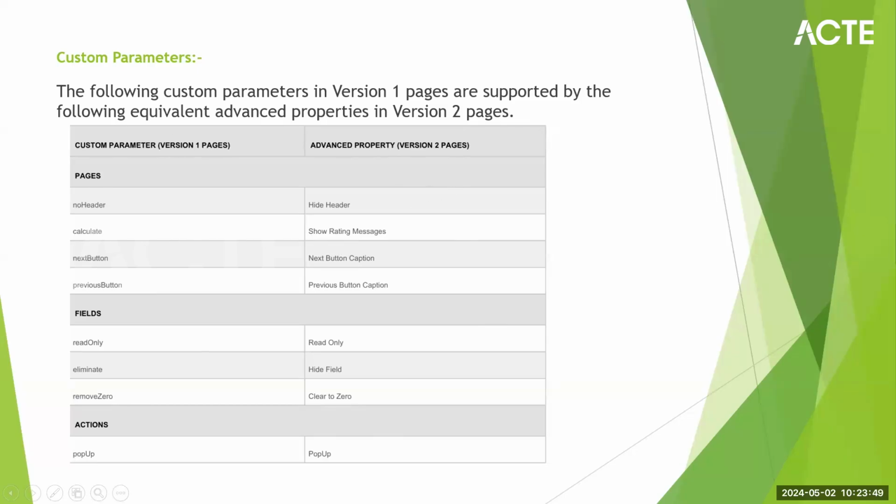This is for version 2, like 6x manuscript. This is for 7x manuscript. No difference, just a simple change. Here, no header means hide header. The caption is different, but the functionality is the same.